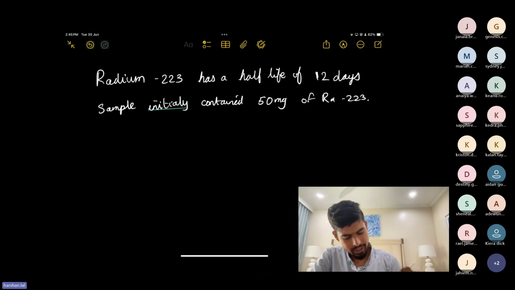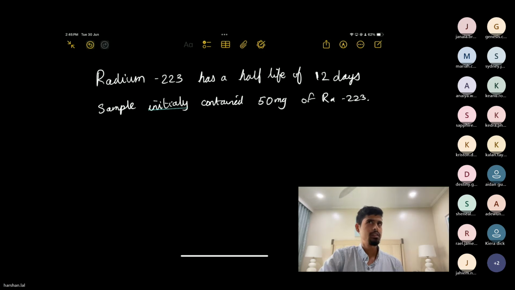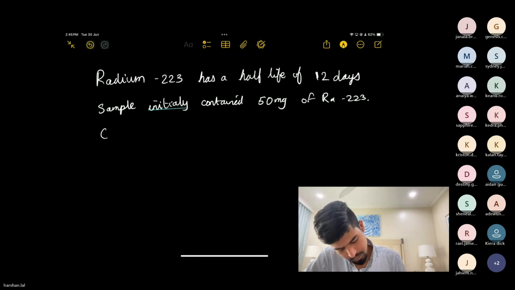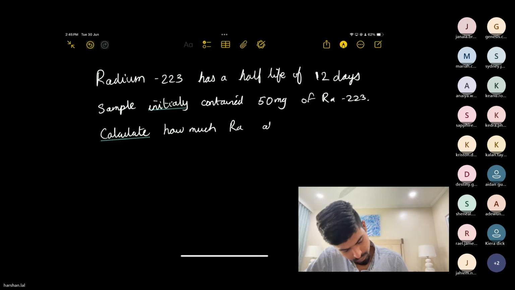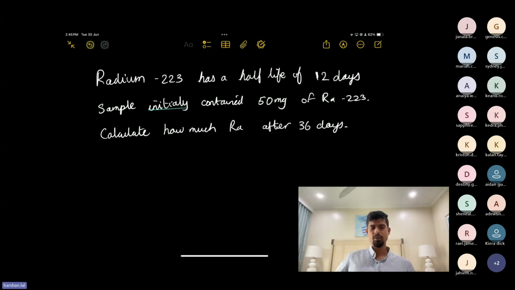Now calculate how much of the radium would be in the sample after 36 days. Right. So how do we go about doing this question?